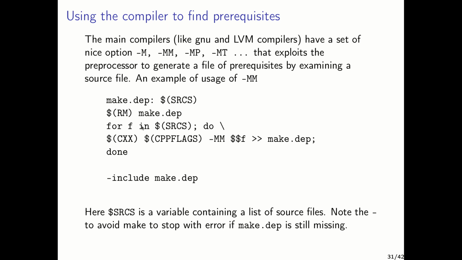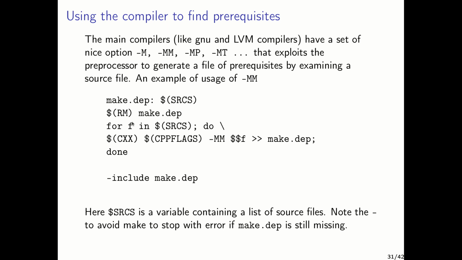For all file in sources, go to the next line because the line was too long, run CXX with the CPP flags because I need to know, for instance, where to look for include files, with the option -MM, taking $$F. I have to put the $$ because F is a bash variable, not a make variable, and to address the content of bash variables in a make, I need to use $$.